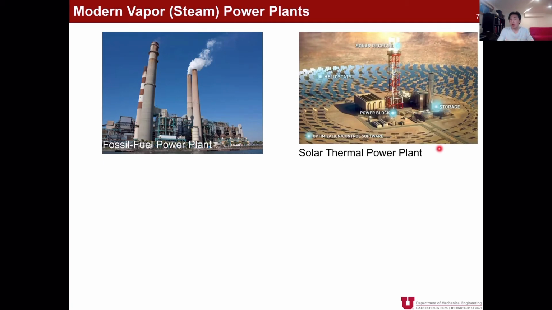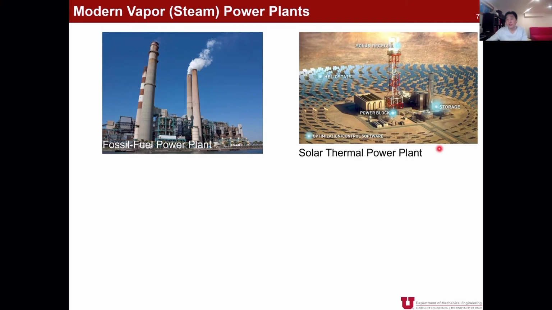You probably saw this power plant if you had a chance to drive to Los Angeles, California. As soon as you pass the borderline between California and Nevada, you probably saw on the right-hand side a bright tower surrounded by a lot of mirrors. And that is a solar thermal power plant.